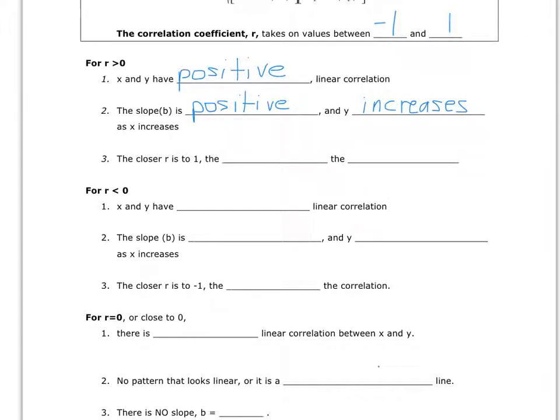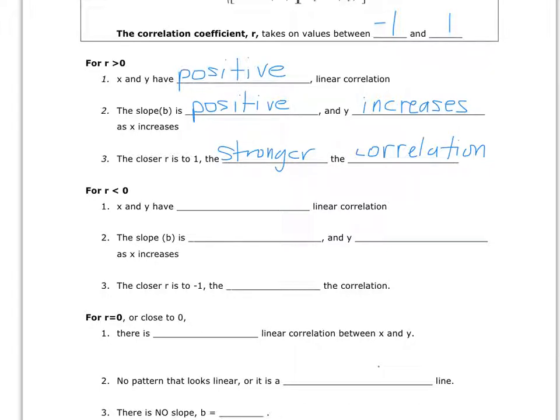Then the closer the r value is to 1, the further away from 0, the stronger the correlation. So a correlation of 1 would be perfect positive correlation.